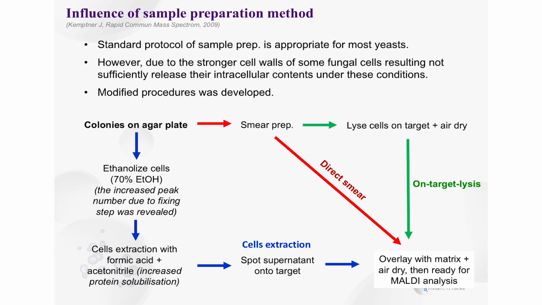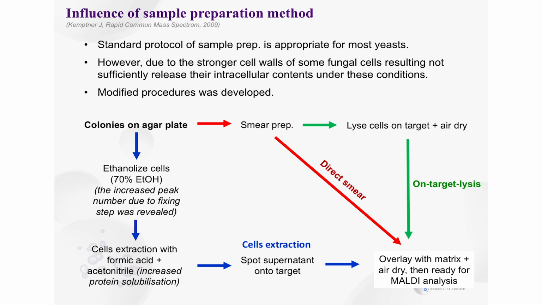These are the three main methods that the companies try to use. From the colony on the agar, smear preparation, then lyse the cells on the target, air dry, and overlay with the matrix. The second one is direct smear. Very easy, right? Very user-friendly.